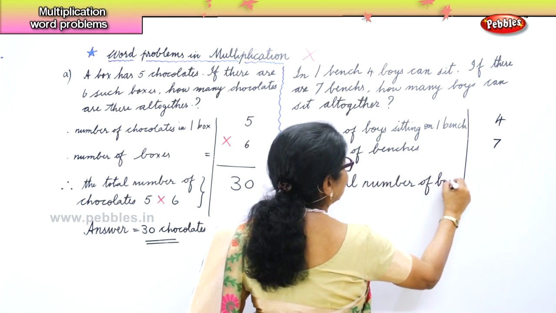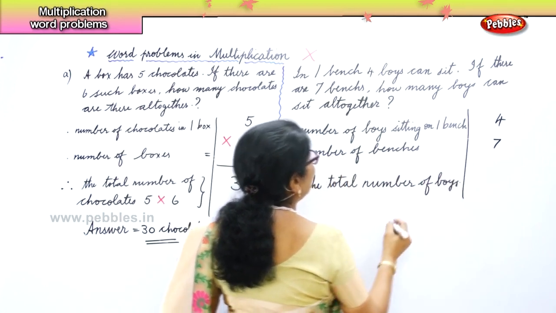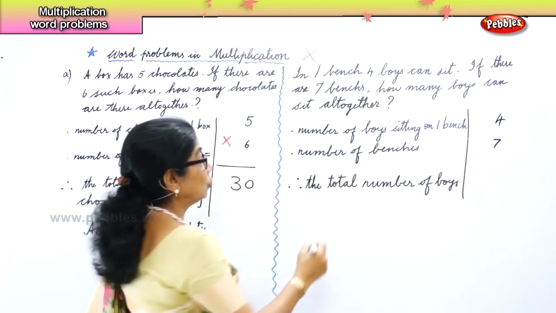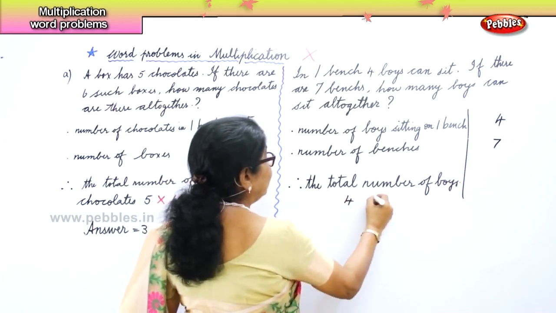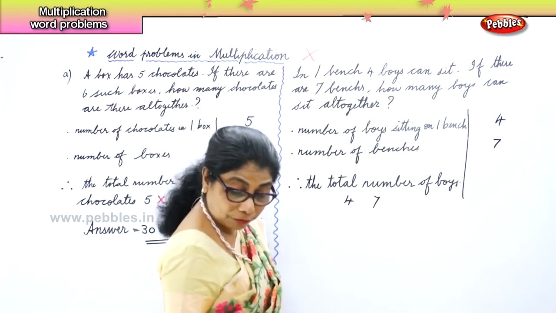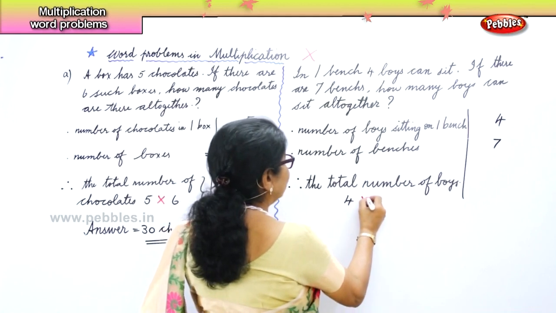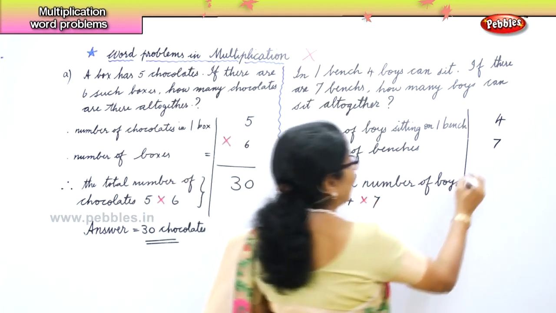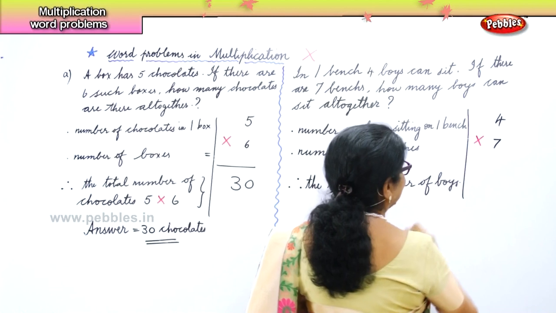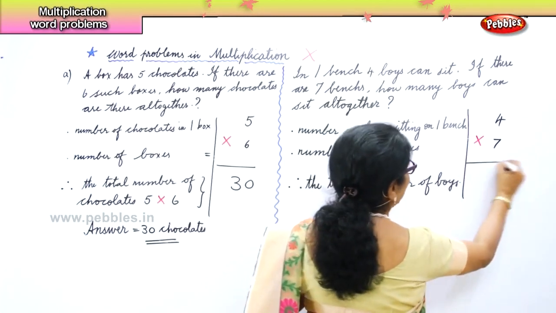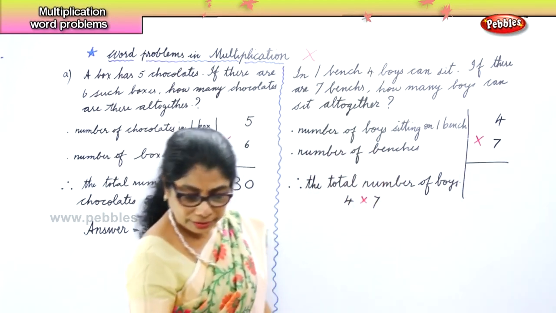How will you find the total number of boys? 4 in one bench. So 4 into 7. That you have to write. So here what are you doing? Multiplying. You are multiplying 4 into 7.